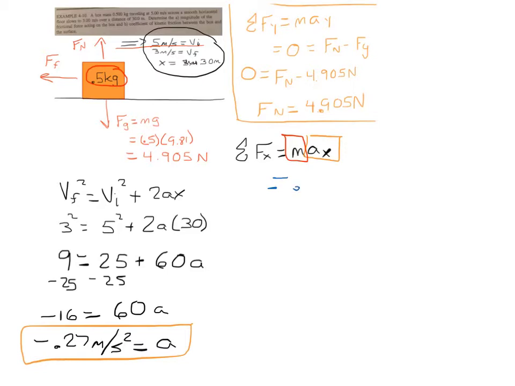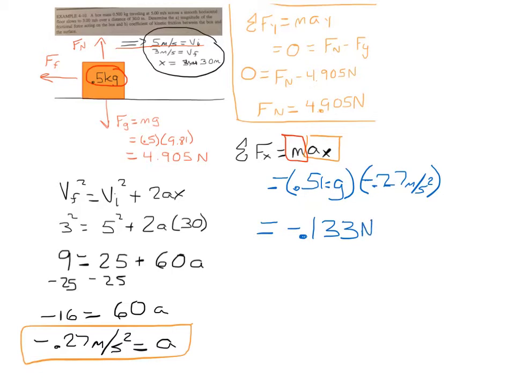This is going to equal 0.5 kilograms times negative 0.27, which is going to equal negative 0.133 newtons.